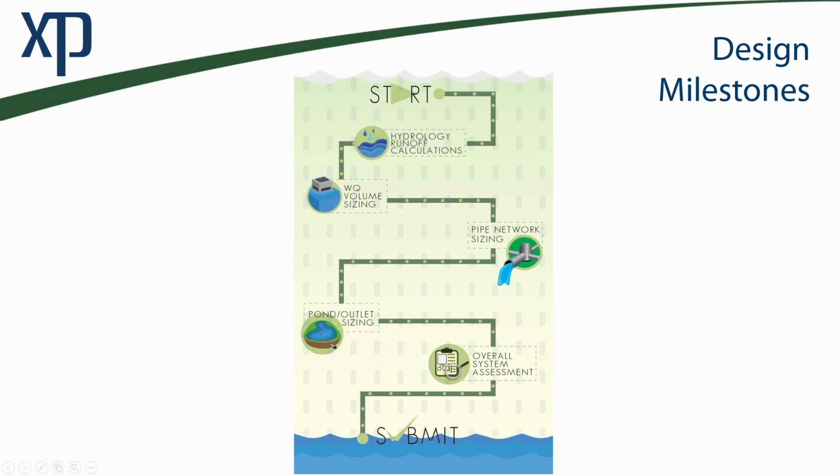So it's: complete a range of hydrology runoff calculations, water quality volume sizing, pipe network sizing, then move into pond and outlet sizing. All of these individual items ultimately need to be assessed in an overall system assessment to prove the soundness of these individual items.